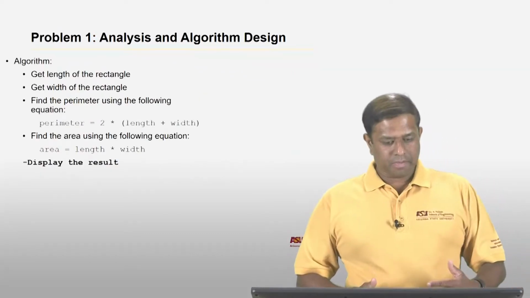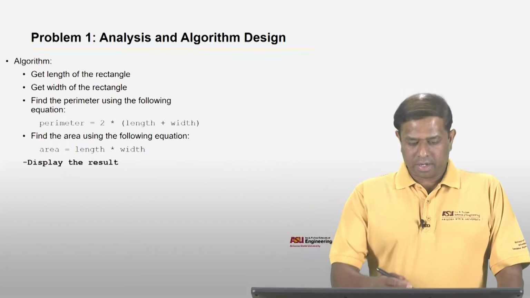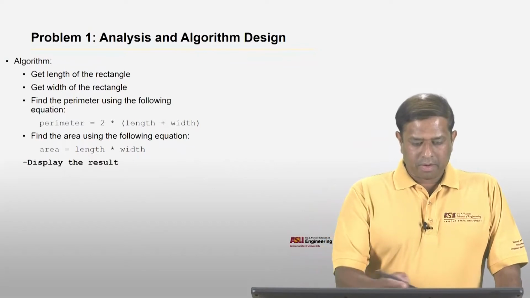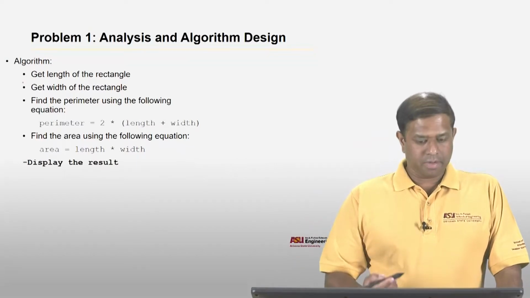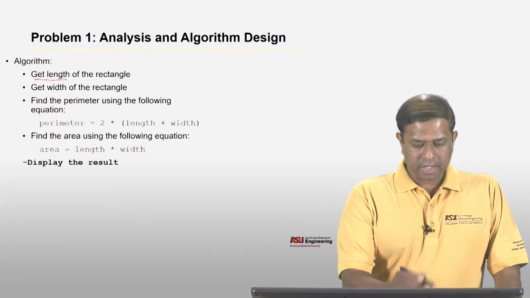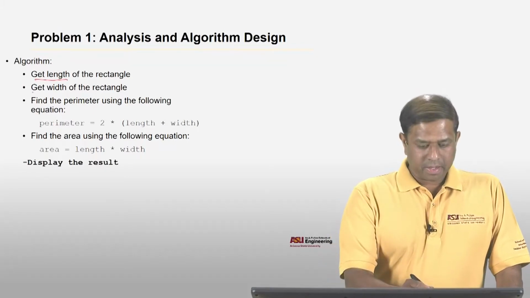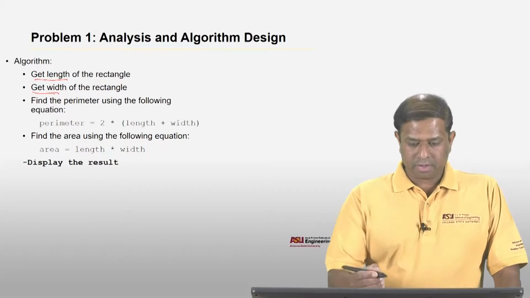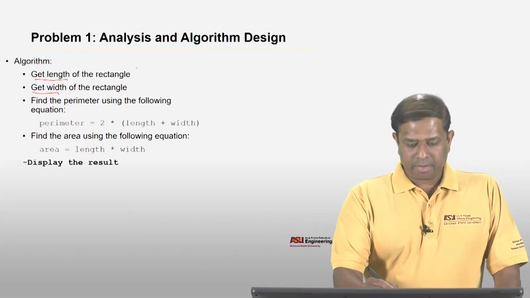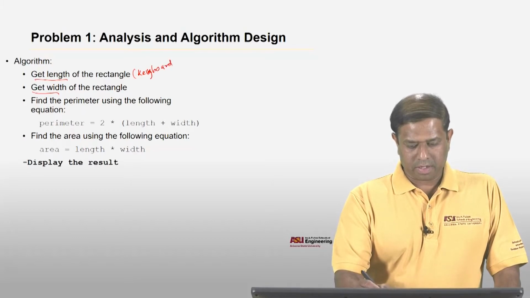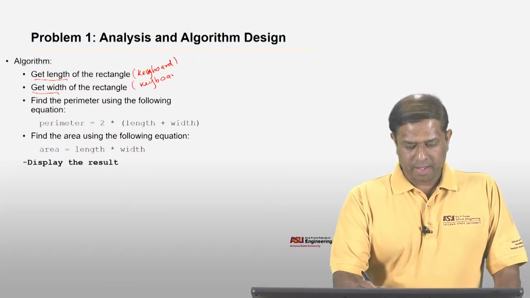Now the algorithm for this problem can be written in the following form. Since we are going to read the data from the keyboard, we need to get the length of the rectangle and get the width of the rectangle. Since we are reading them from the keyboard, we can write down from the keyboard, likewise this is also from the keyboard, right?